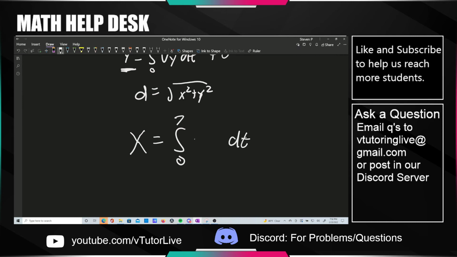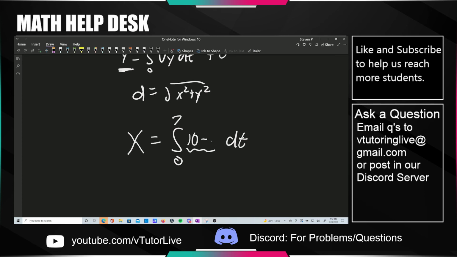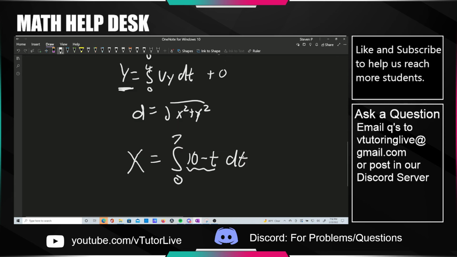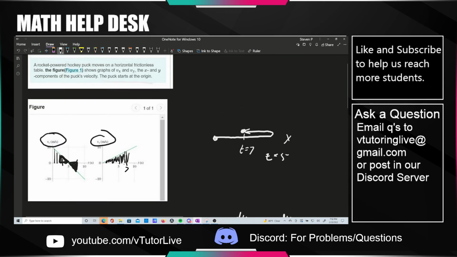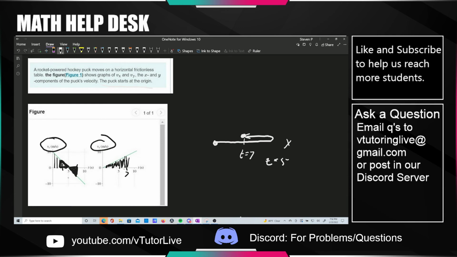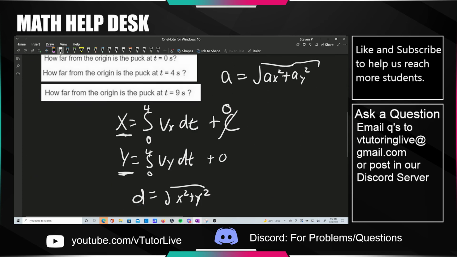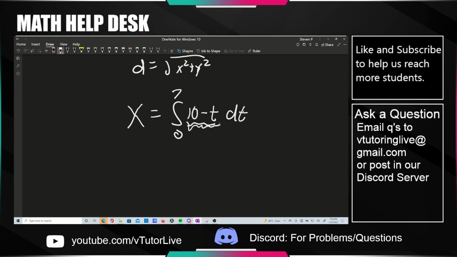If your equation for the line was like 10 minus t, looking at this expression, x is equal to 10 minus t, you can just plug this right in and integrate it. That way you don't have to think if you don't want to. And then plug in the bounds 0 to 7 in order to figure that out.